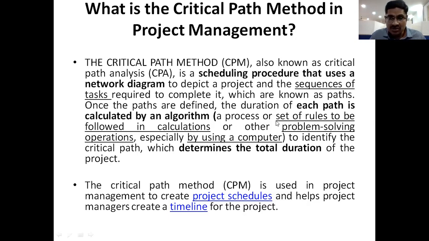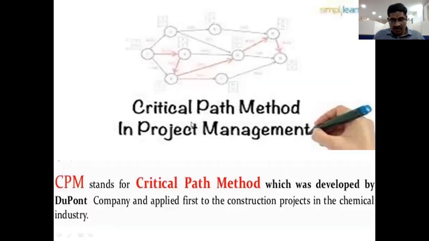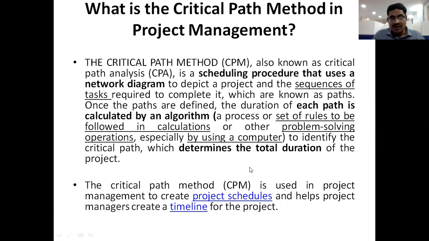Algorithm means a process or set of rules to be followed in calculations or other problem-solving operations, especially by using the computer. By using the computer, the problem solving and set of rules to be followed in the calculations is called an algorithm. So the path timing or path's duration is calculated by the algorithm, right?